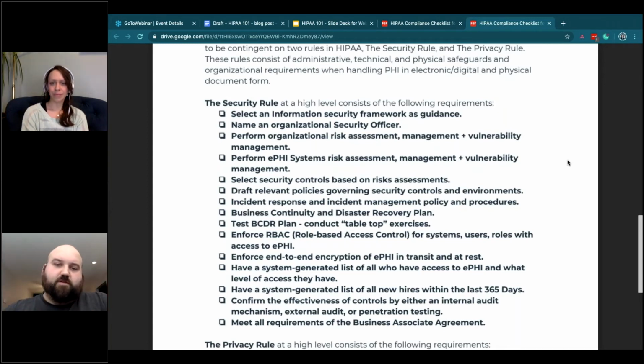If you use a framework as guidance, and you're not doing certain things or something doesn't apply to you, then why would you have a security control for something that doesn't specifically apply to you, or is not going to be as beneficial as another thing? You need to actually look at what your real risk is. The results of those risk assessments are going to say what you should be doing, what's not working, what is working.